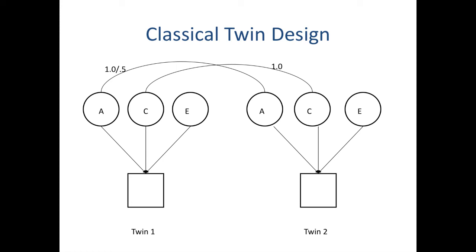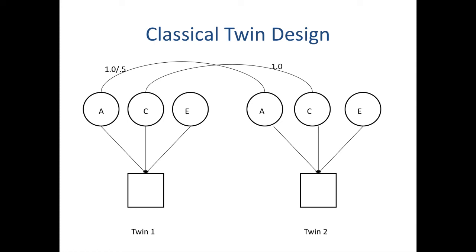The first of those, A, which stands for additive, is the genetic part. And it's the additive effect of multiple genes that make people in the same family who share those genes alike. And identical twins have twice as much of that as fraternal twins do. The second part of it, C, which stands for common, refers to the common family environment.